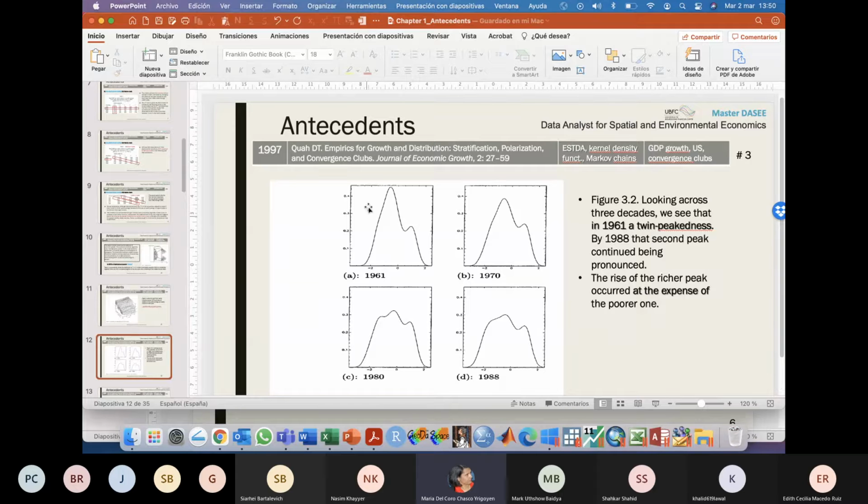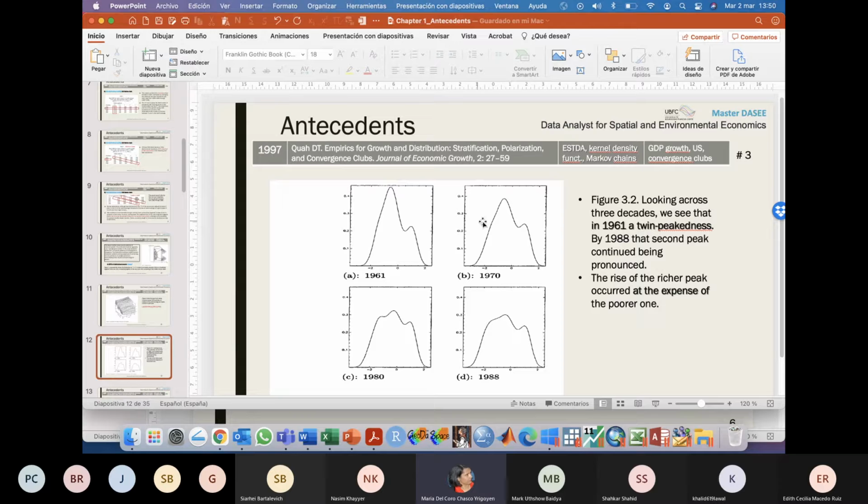So we have the main mode and a small mode at the right-hand side of the distribution. By 1988, the second peak continued being pronounced. But what we see is that the first one, the average, is less pronounced.